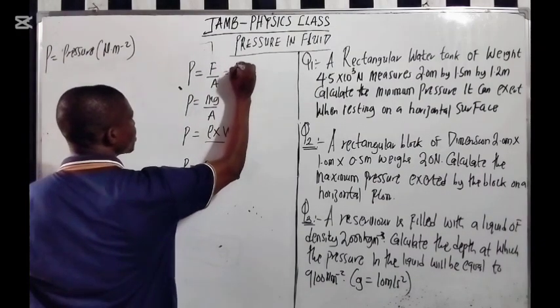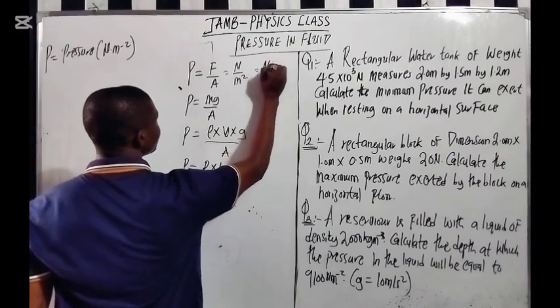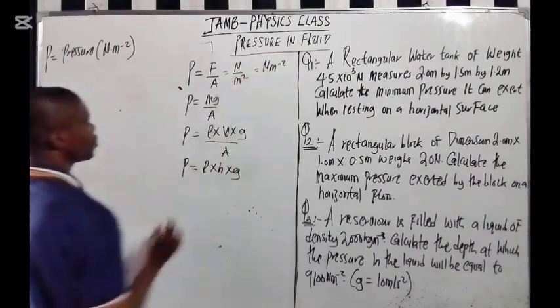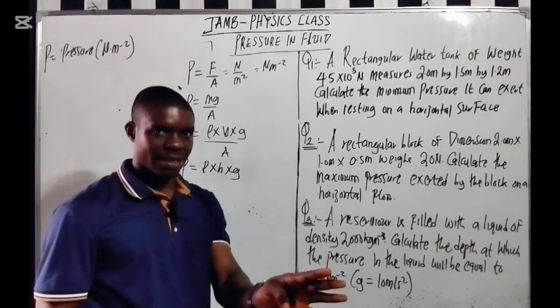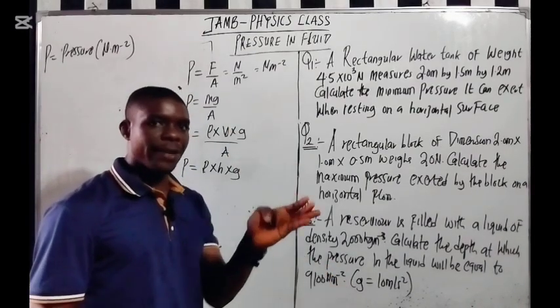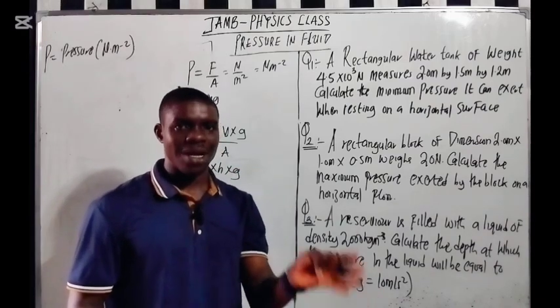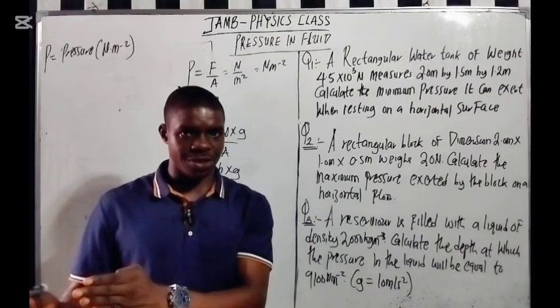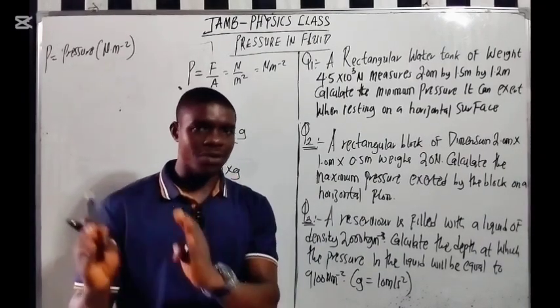Remember, force is in Newton and area is in meter square. So if you combine it together, you get Newton per meter square. This Newton per meter square is also the same thing as Pascal. Just like in chemistry, pressure is measured in atm, that is the atmospheric pressure, and millimeter of mercury. That is for chemistry.